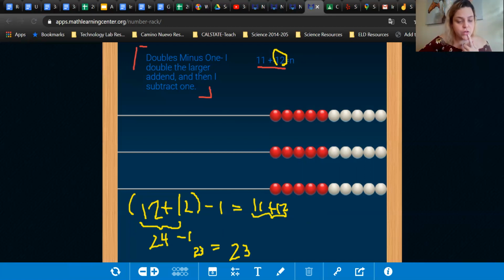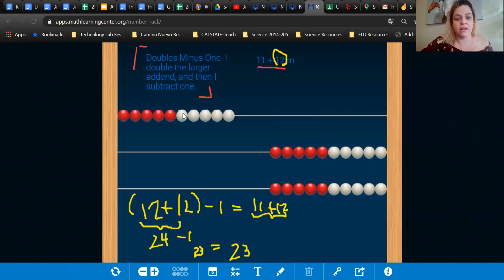So what am I gonna do? I need to move my beads around. So what did I do to get this answer? I know that I added 12 plus 12. So I'm actually gonna add maybe another set of beads so it's not confusing.